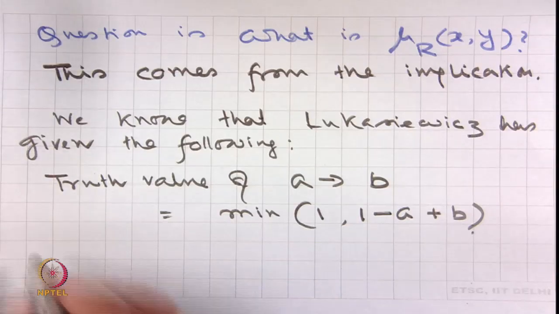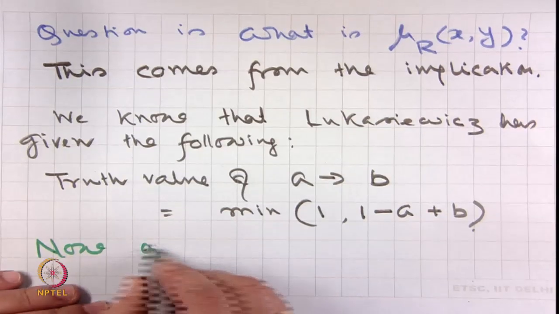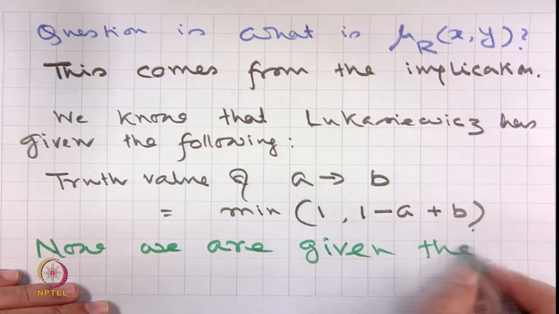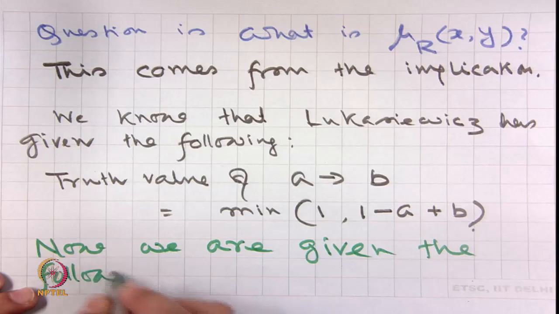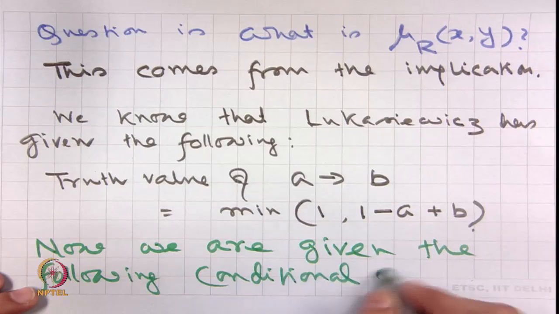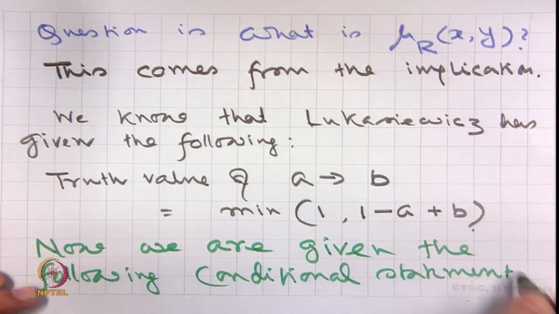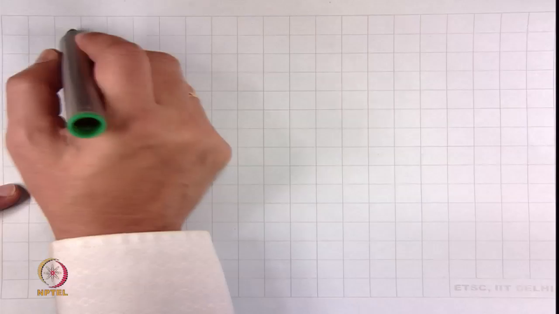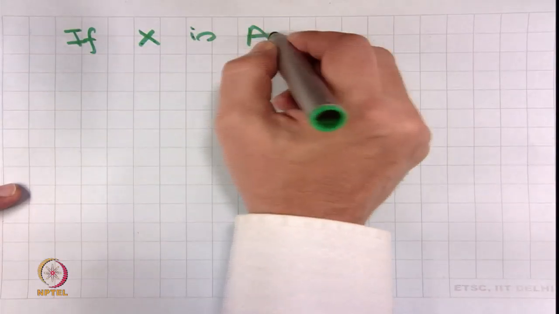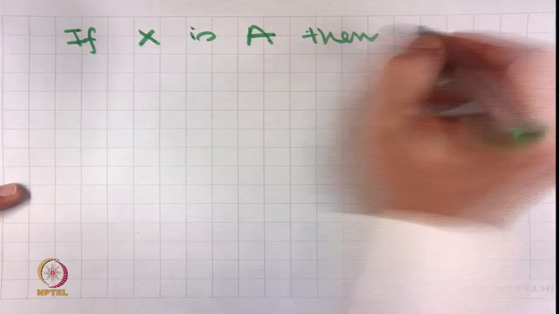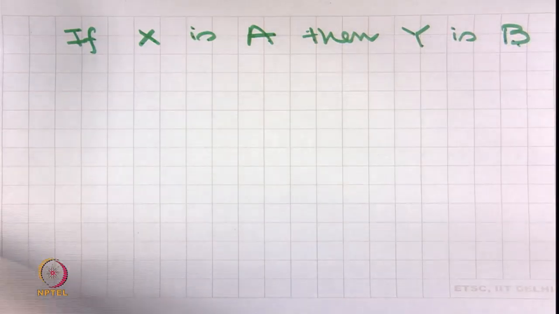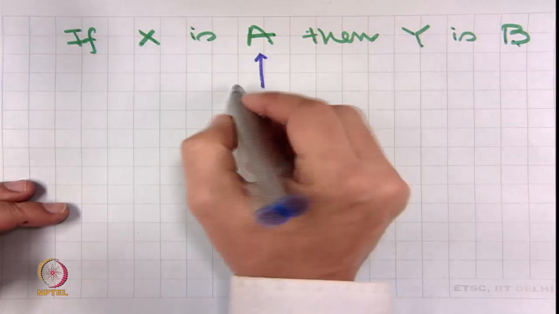Now, we are given the following conditional statement. If x is A, then y is B, where this is a fuzzy set.